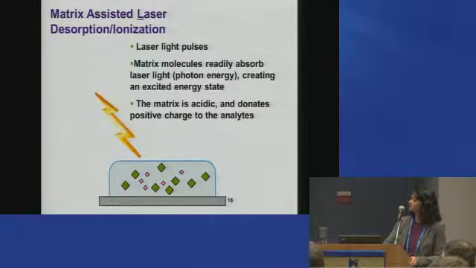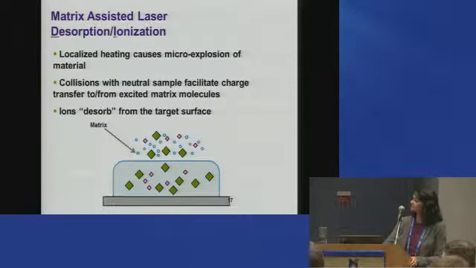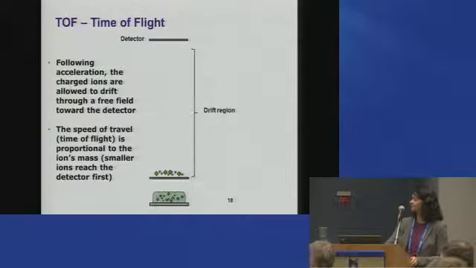And then here's your desorption that's occurring as a result of the energy that is transferred. And then now here's your time of flight occurring. This is kind of cool. Bruker has kindly loaned these slides to us just to show you the movement of the different particles that are happening here. The smaller particles move faster than the larger particles, and a separation occurs based on mass to charge ratio here.